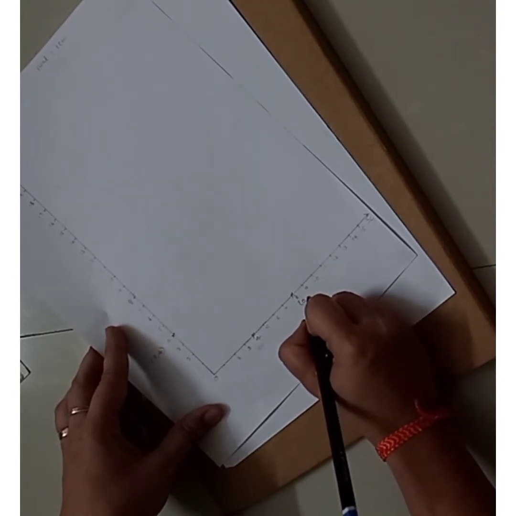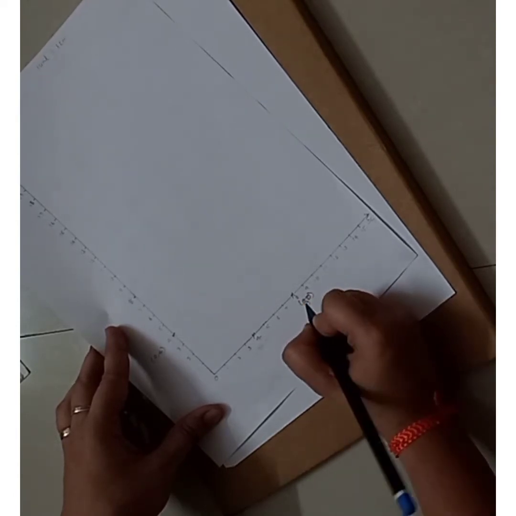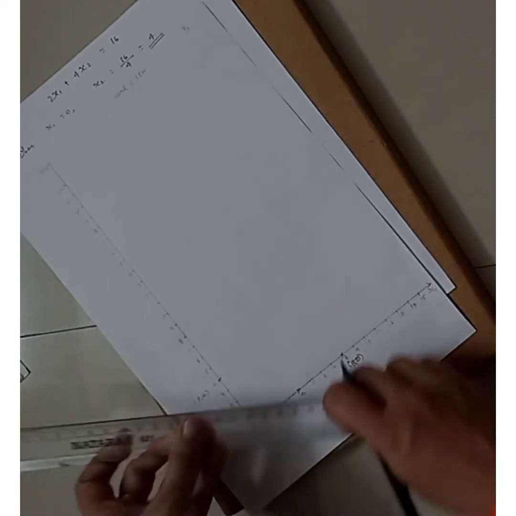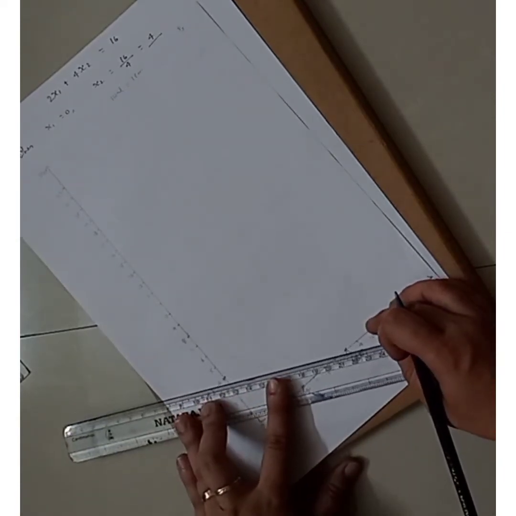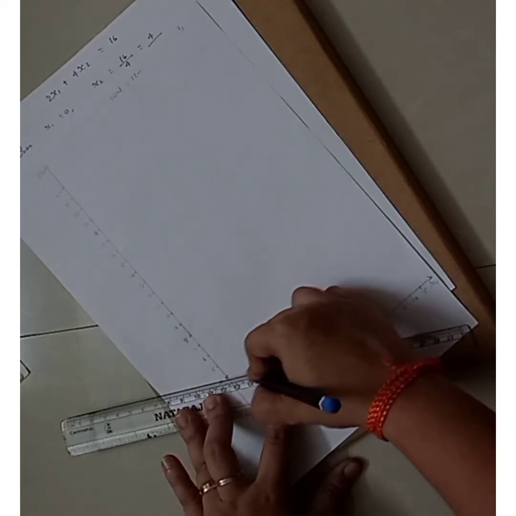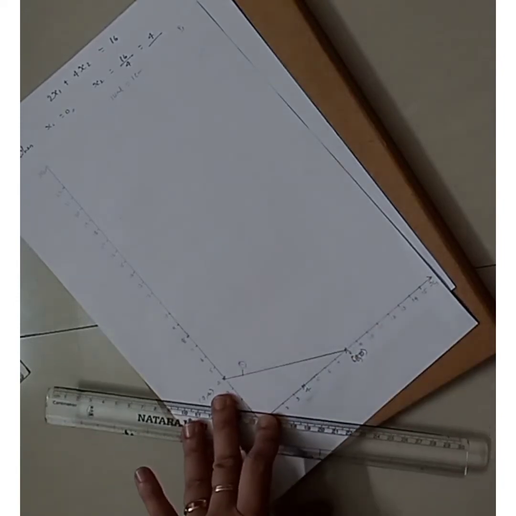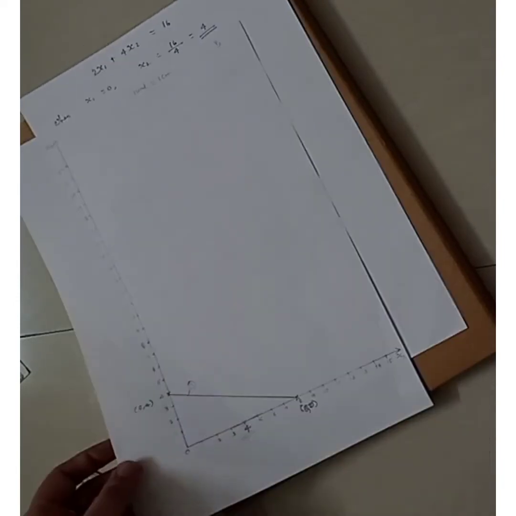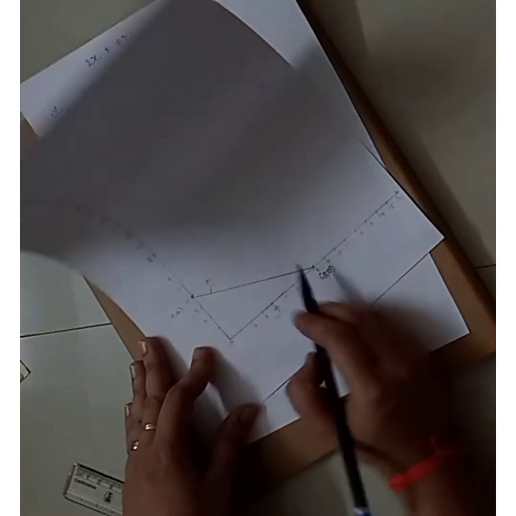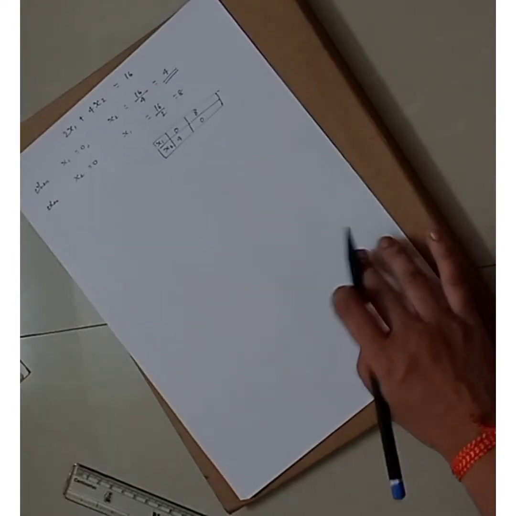Now I am drawing a line through them. This line shows our first constraint. So I have plotted my two points, (0, 4) and (8, 0), and this line shows the first constraint. Now we will go with the second constraint.